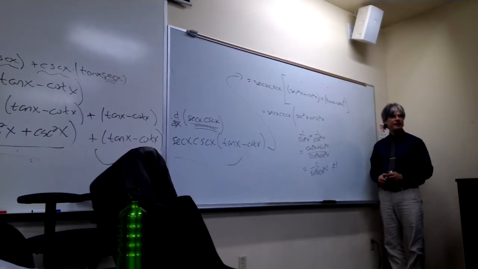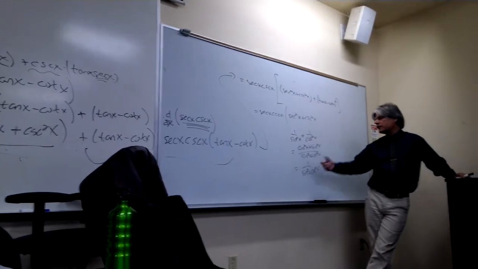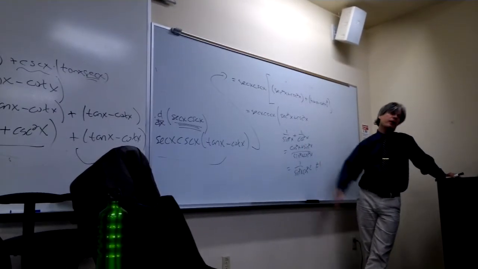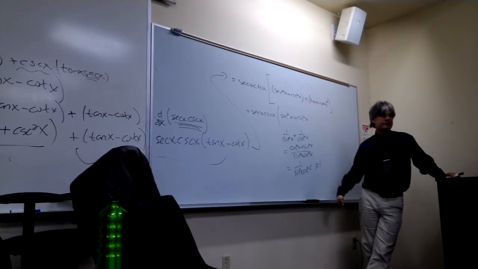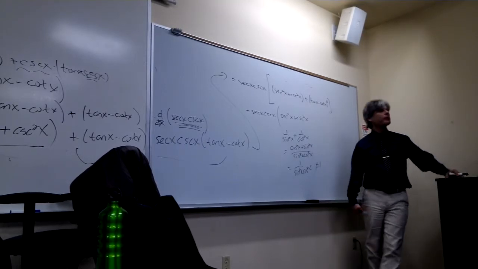Nabil, do you see what happened? When I combine these two fractions, I get a sine squared of x, cosine squared of x on the bottom. That's not equal to 1 necessarily. Unfortunately, it sure would make my life easier.